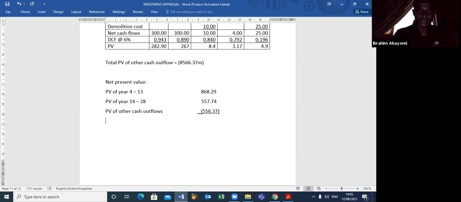So net present value. Take the aggregate of the three: 868.29 plus 557.74 minus 556.37.